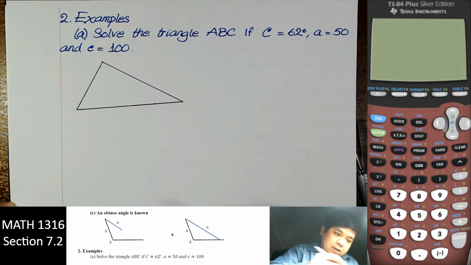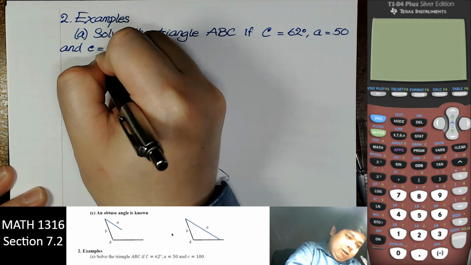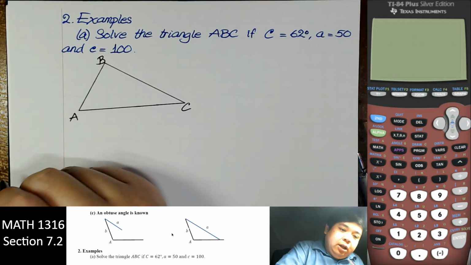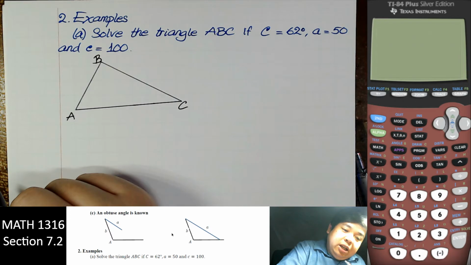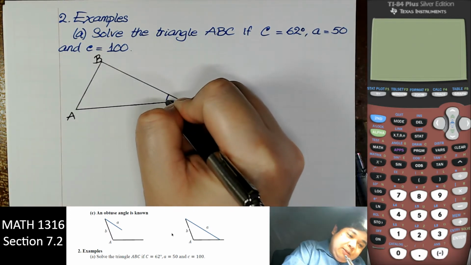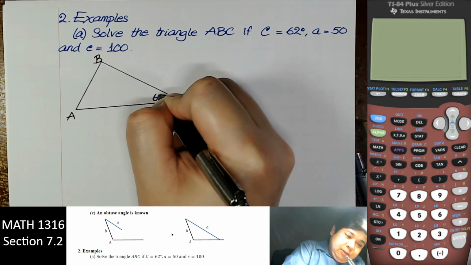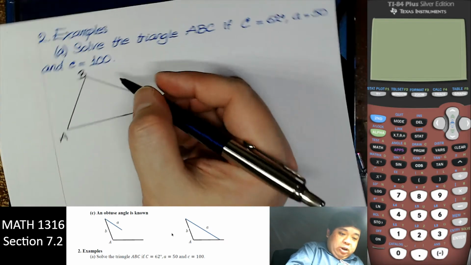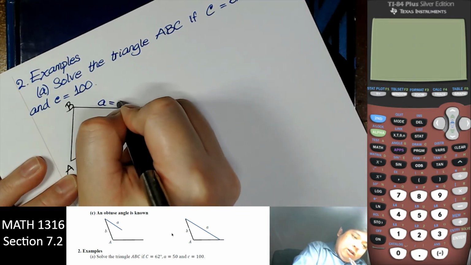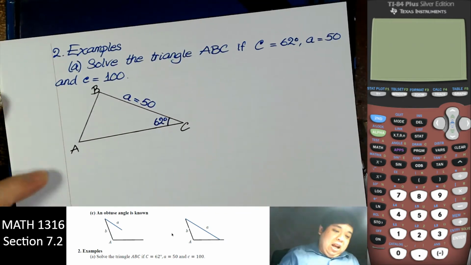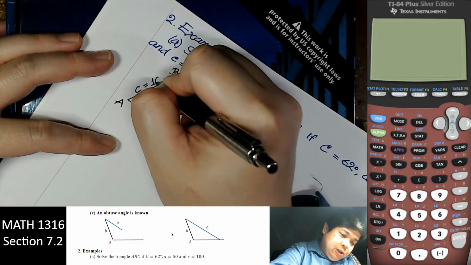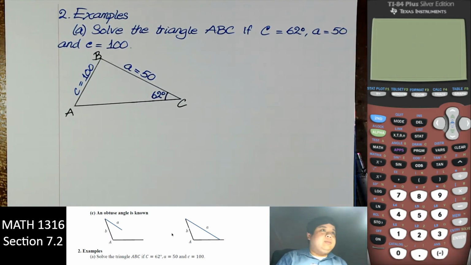Angle C is 62 degrees, and little a is opposite to big A, 50, and little c opposite to big C, 100.